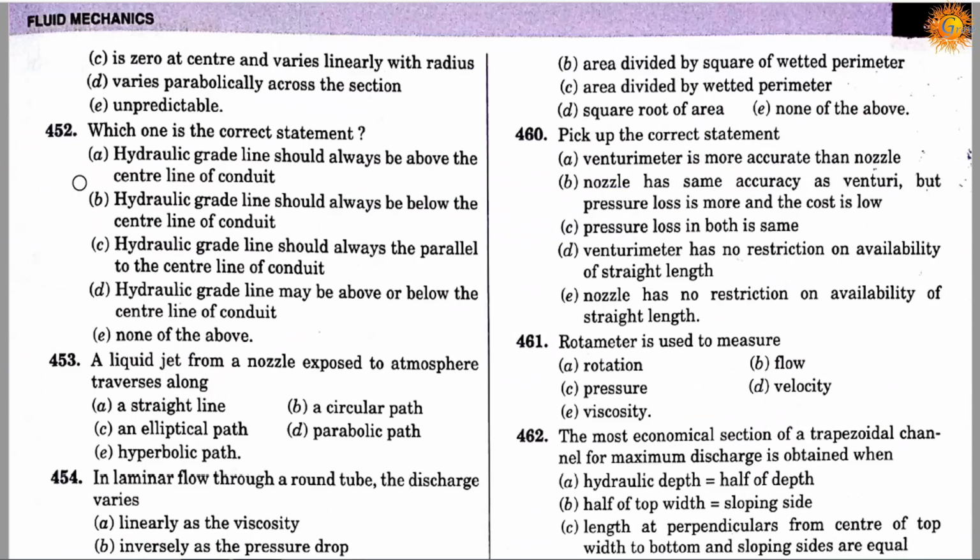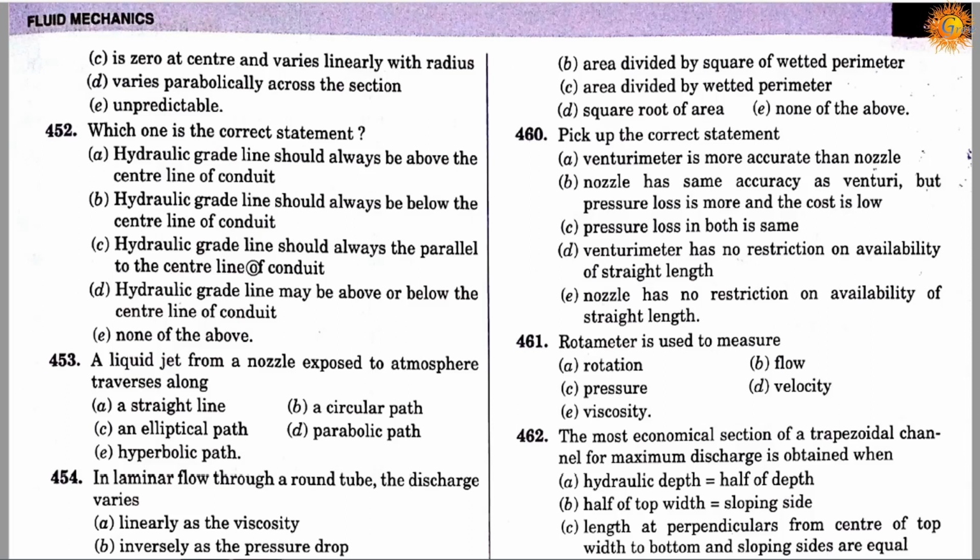Question number 452. Which one is the correct statement? Option A, hydraulic grade line should always be above the center line of conduit. Option B, hydraulic grade line should always be below the center line of conduit.